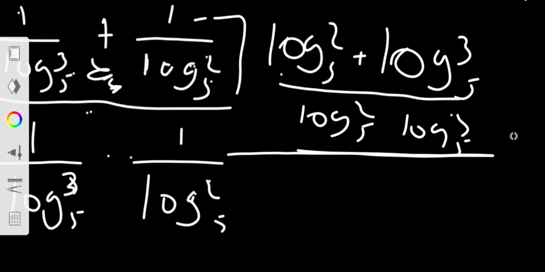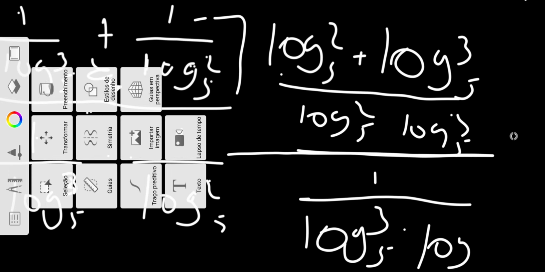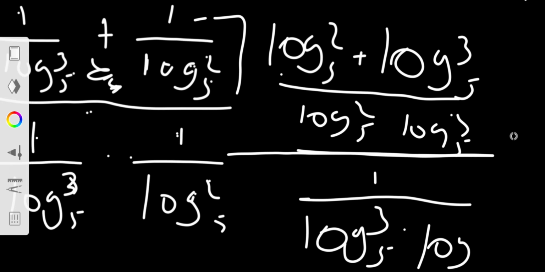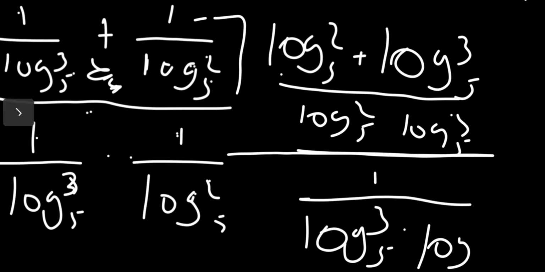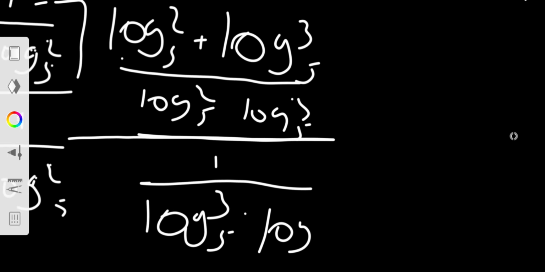So 1, this is the part downwards. 1 multiplied by 1 is 1, and log of 3 to the base 5 multiplied by log of 2 to the base 5.